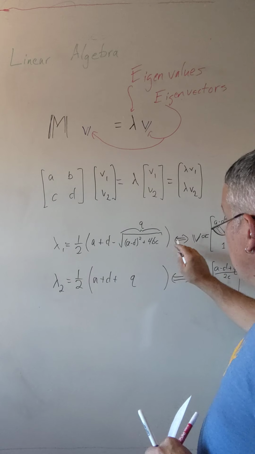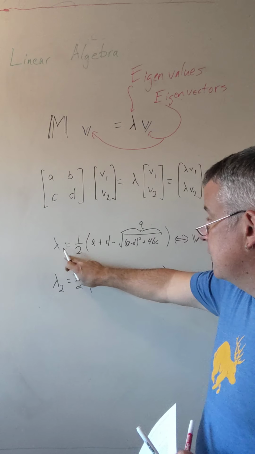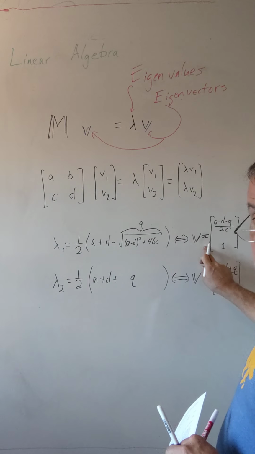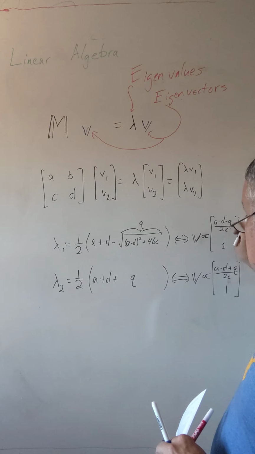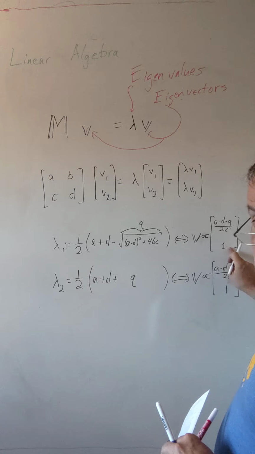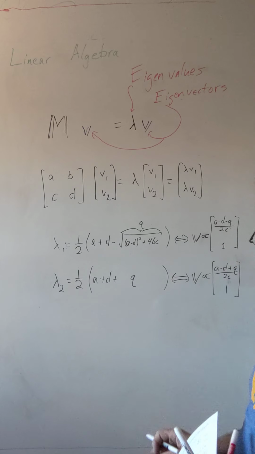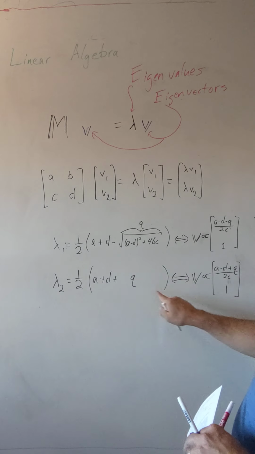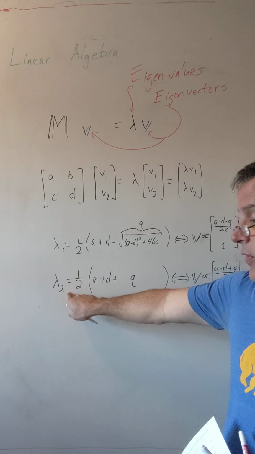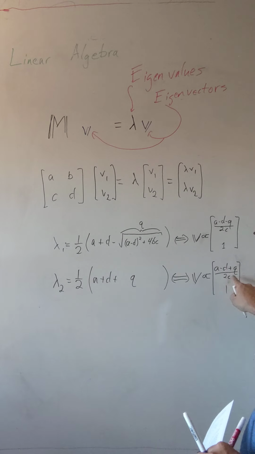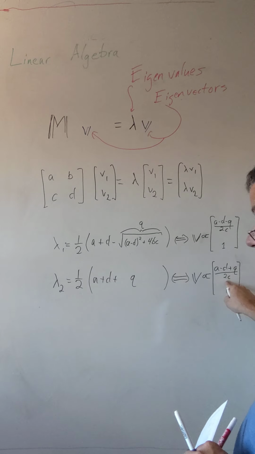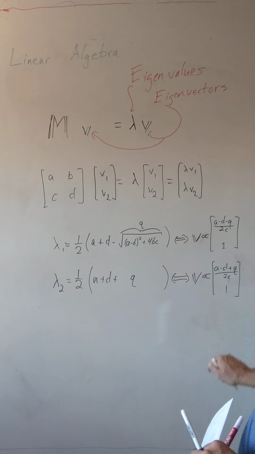And then along with this lambda is a particular vector, which I've written as (A minus D minus Q) over 2C, and 1 in the second row. And then the eigenvector that goes along with this eigenvalue is (A minus D plus Q) over 2C, and then 1.